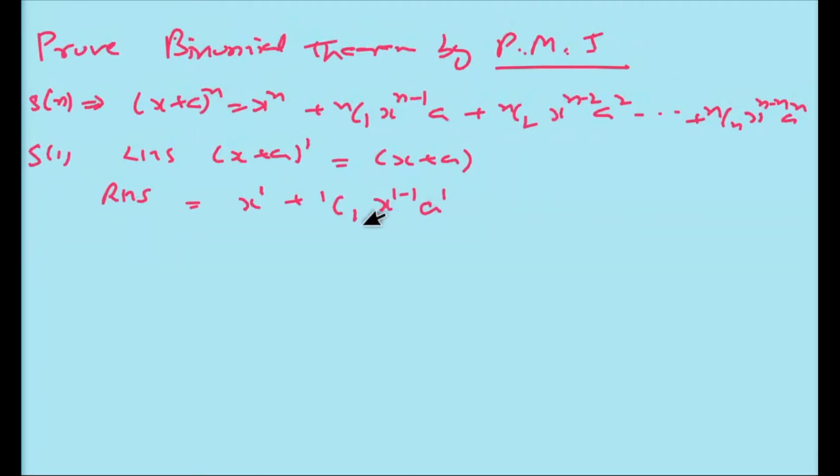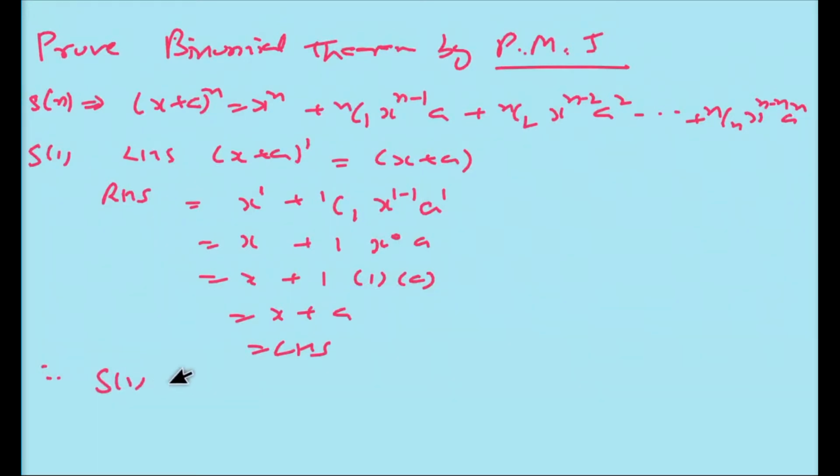So the value of this is x plus, 1c1 is 1, x to the power 0 is 1, so it is a. So x plus a equals LHS, hence S1 is true.